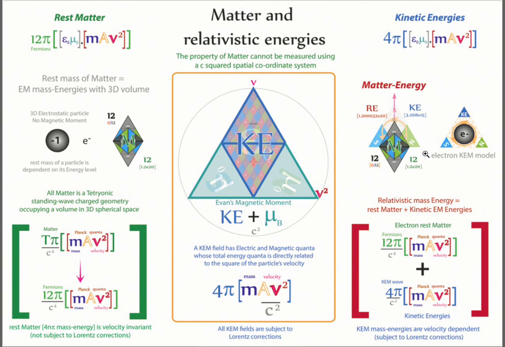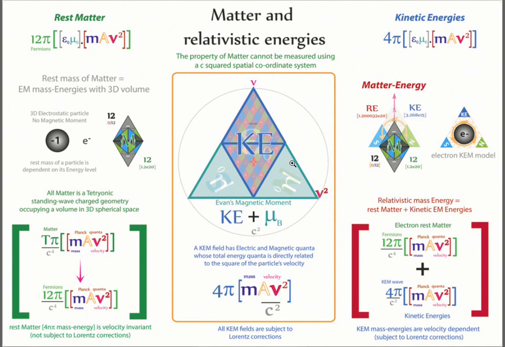Again, we can draw these with tetryonic geometries. We can draw the physical representation as shown here for the relativistic mass energies of the system being studied, or we can draw it as a schema, a simplified schema for the same particle using equilateral geometries.